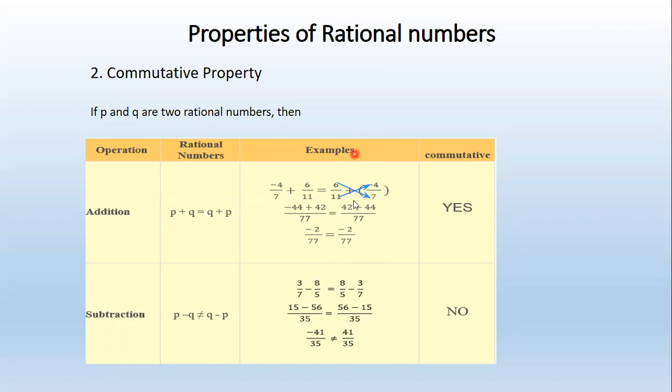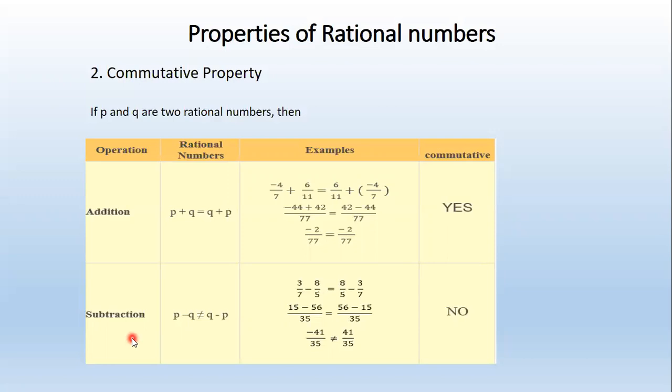So when we add these two, the value will be minus 2 by 77. So the LHS is equal to RHS. So P plus Q is equal to Q plus P. Then we can say that addition is commutative.